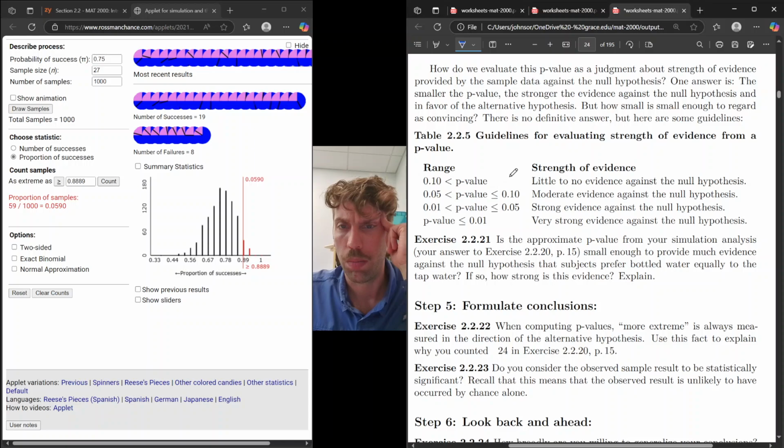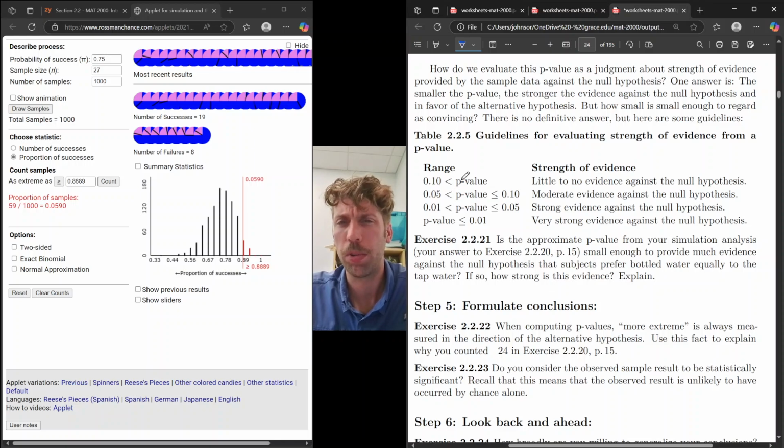If your p-value is greater than 0.1, that means our sample is more likely than 1 in 10. And 1 in 10 things happen all the time, so it's little to no evidence that something's going on. Whereas if the p-value is between 0.05 and 0.1, then our sample is in between a 1 in 20 and a 1 in 10 scenario.